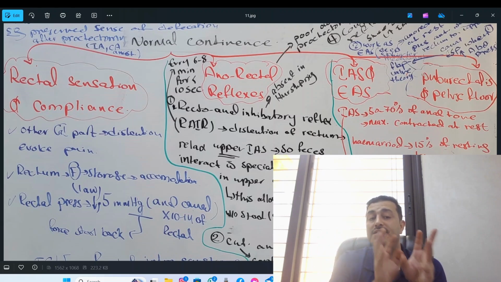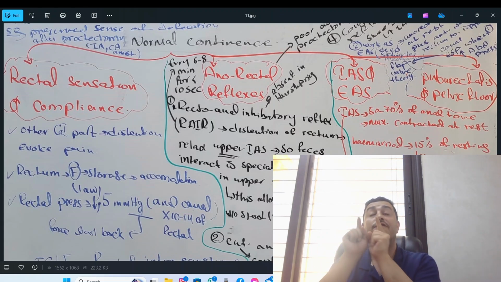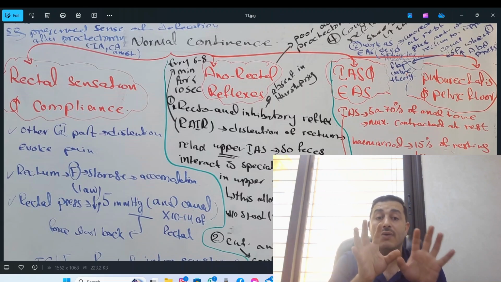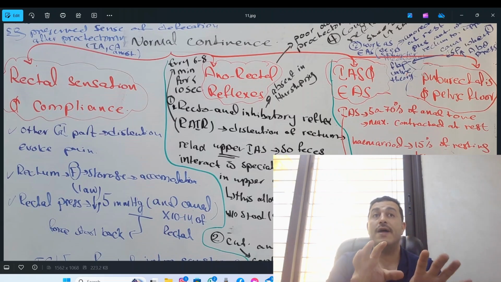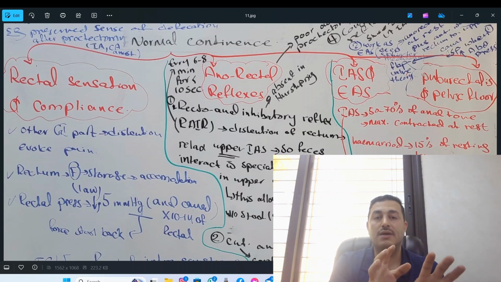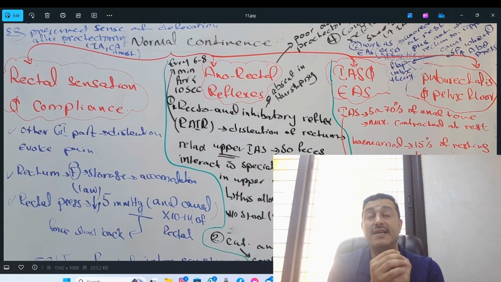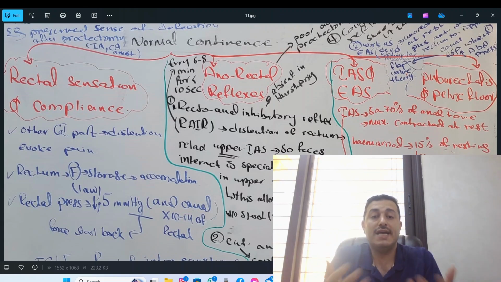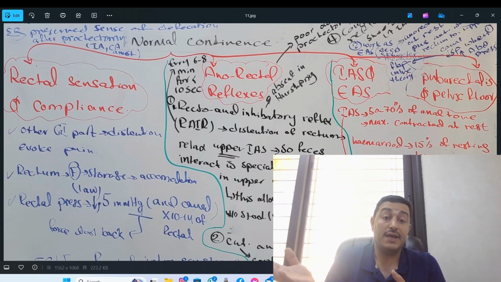The importance of the external anal sphincter is that it is voluntary, and we will talk about it when we start to talk about defecation. But now we are talking about continence. It is voluntary, so we can contract the external anal sphincter until the situation is socially acceptable for defecation.